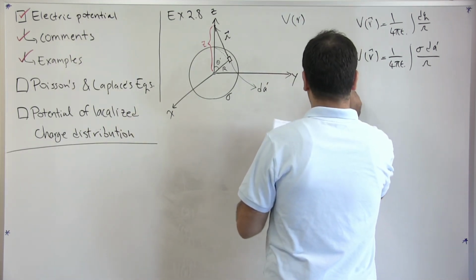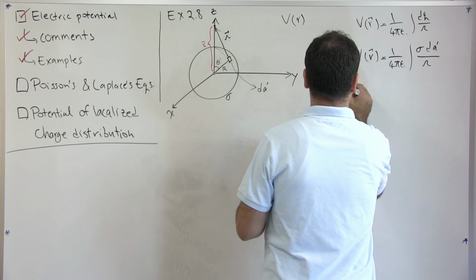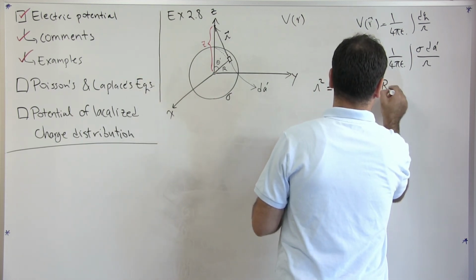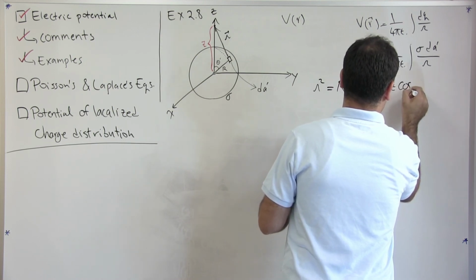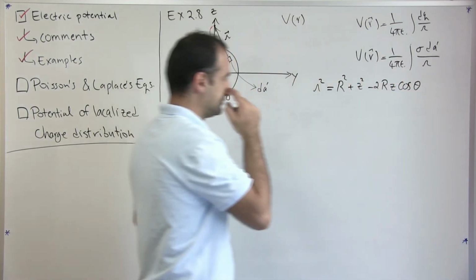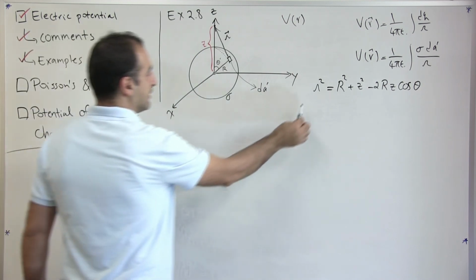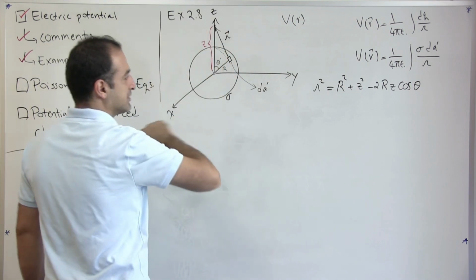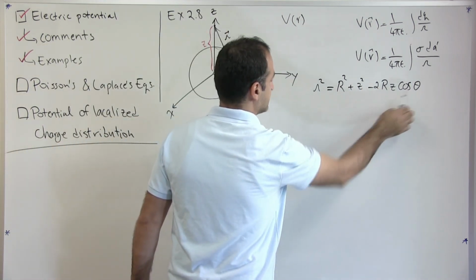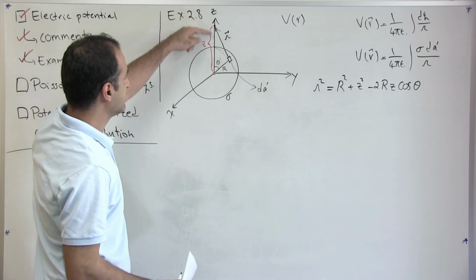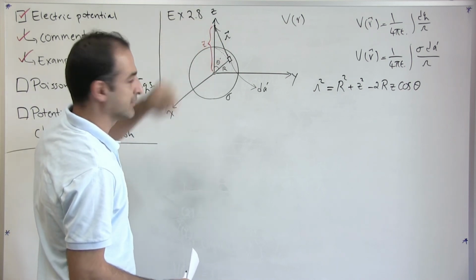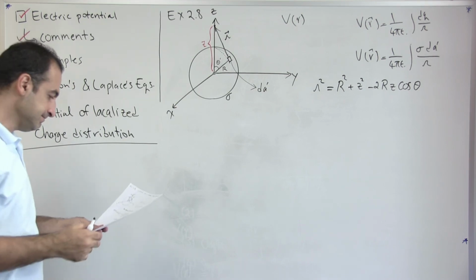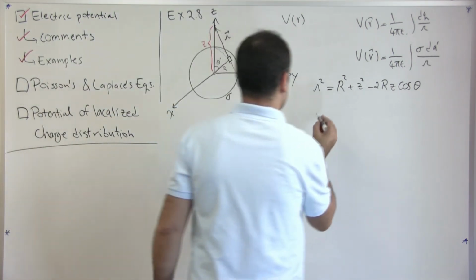We have R squared being R squared plus Z squared minus 2RZ cos theta. So this is magnitude of R in terms of radius of the sphere, position Z, which is where we are measuring potential, minus 2RZ cosine theta. This is basically the cosine rule for this triangle that I have here. Sounds good?